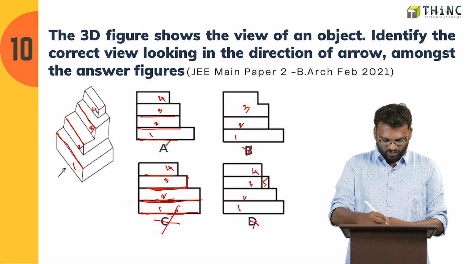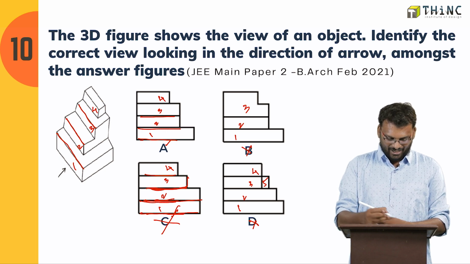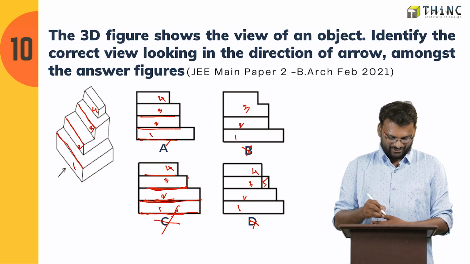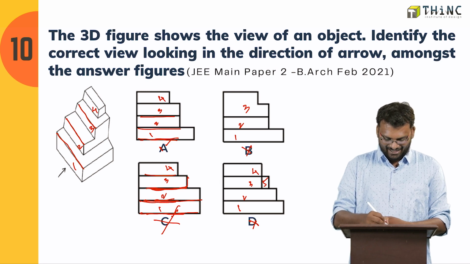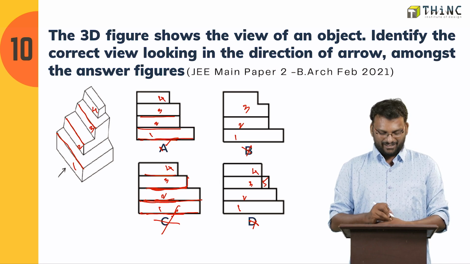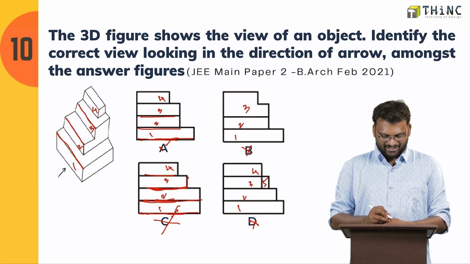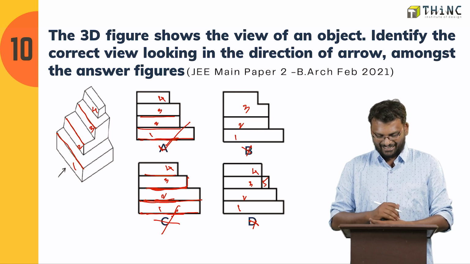The 3 and 4 are equal in length. So 2 and 3, the difference in length is not there. So option A, the last line, as in the question, are equal. So option A will be the right answer.